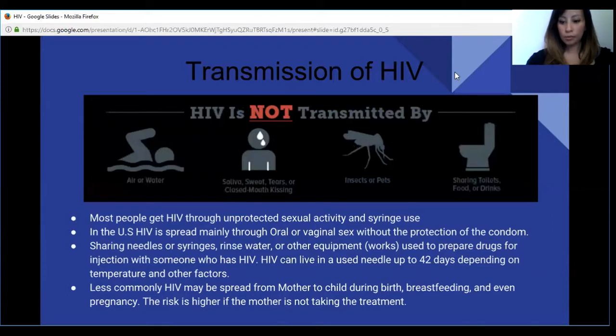They are also not within reason, and they tend to have sexual activity with partners that they do not know, and unprotected sexual activity leads to a higher risk of contracting the HIV virus. A less common way that HIV may be spread is from mother to child during breastfeeding, birth, or even pregnancy, and the risk is higher if the mother is not taking the treatment.